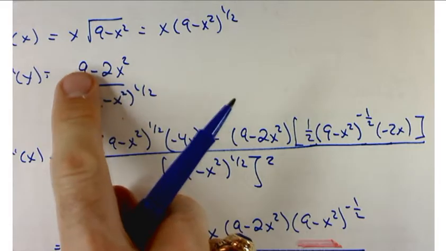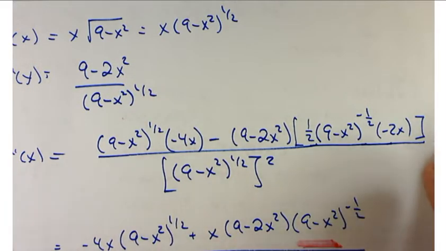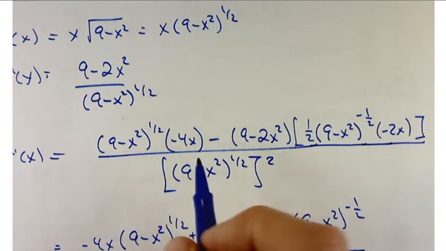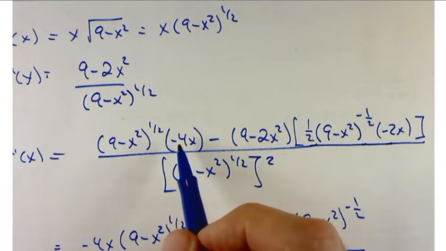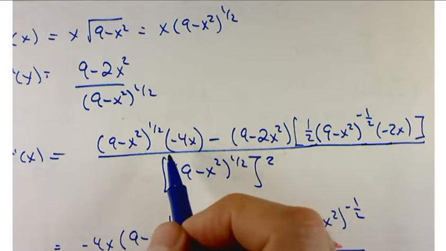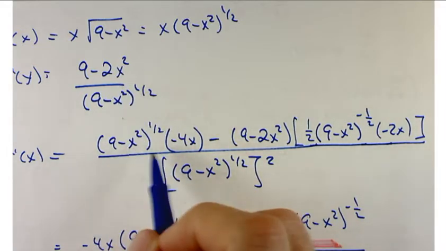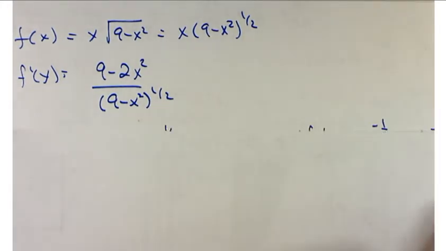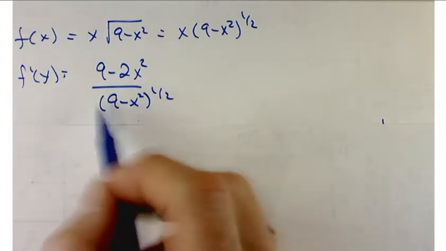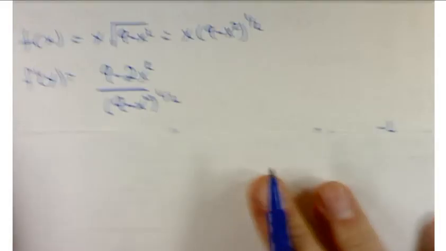Don't you put like the derivative of the numerator times just the regular denominator minus the regular numerator times the derivative of the denominator? Like for the equation? No, it's the derivative of the numerator times the denominator is exactly what we have here. So this is your denominator, 9 minus x squared to the 1/2, times the derivative of the numerator.